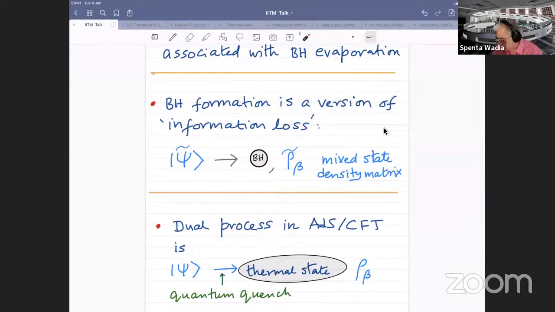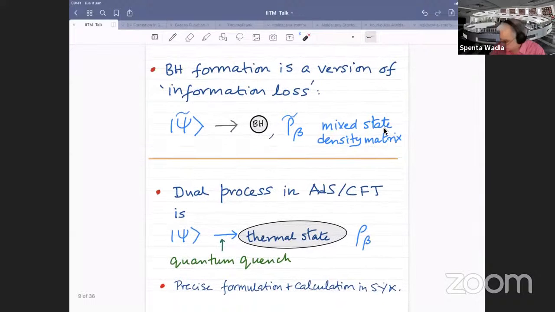Now in the AdS/CFT correspondence, this process essentially has a dual. So you start with a corresponding state in the dual theory and let it evolve, maybe after a few quantum quenches or even without that. And it asymptotically will reach a thermalized state. And one of the reasons why the SYK model is very important is because this process is actually very explicit, as I will discuss later in the talk.